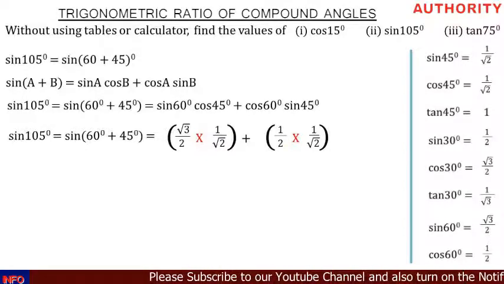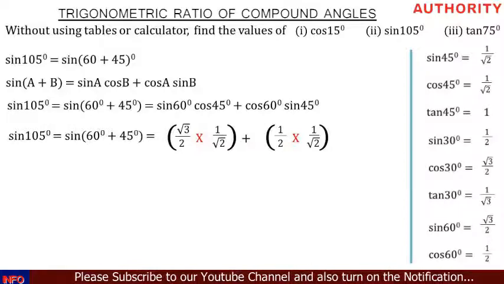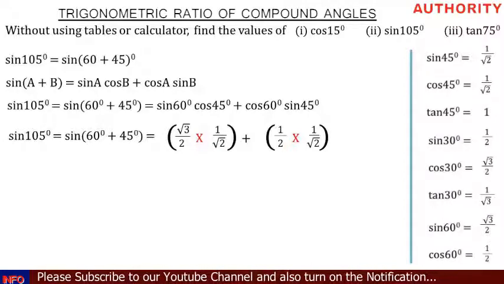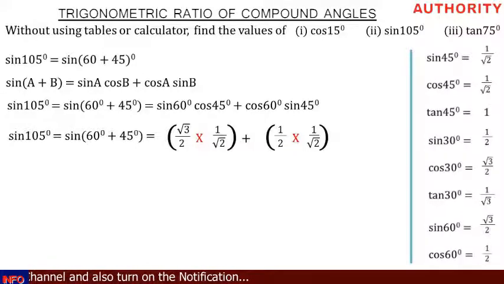So what is the value for cos 60? We say 1 all over 2 times the value for cos 45 degrees, 1 all over root 2. Now let's also place this in a bracket. In the first bracket, let's multiply. Root 3 times 1 gives root 3, and 2 times root 2 is 2 root 2.